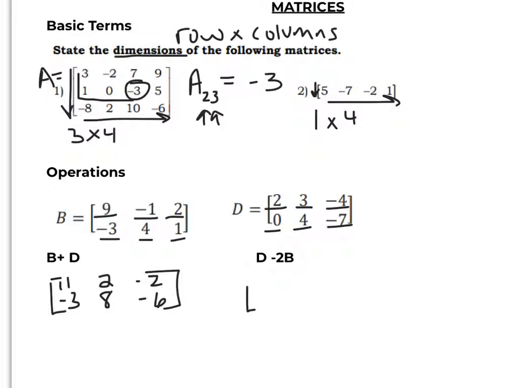Then we have D. So 2, 3, -4, 0, 4, -7. Minus, I'm going to go ahead and multiply everything by 2. 18, -2, 4, -6, 8, 2.